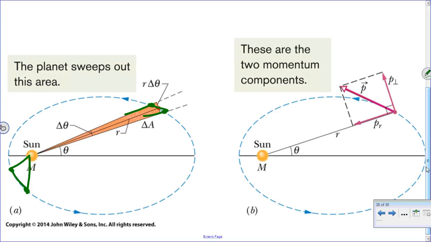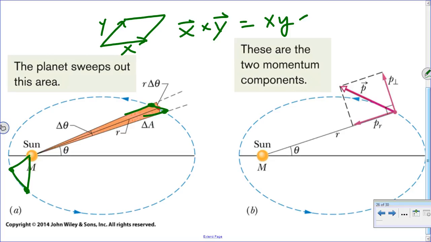Here, I'll do it real quick. I don't want to get into a ton of detail, but suppose this is vector x, and this is vector y, and I do vector x cross vector y. That's the same as x y times sine theta, right? Well, look, here's x, here's y sine theta.